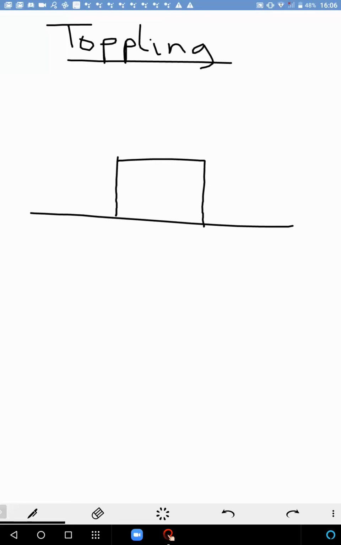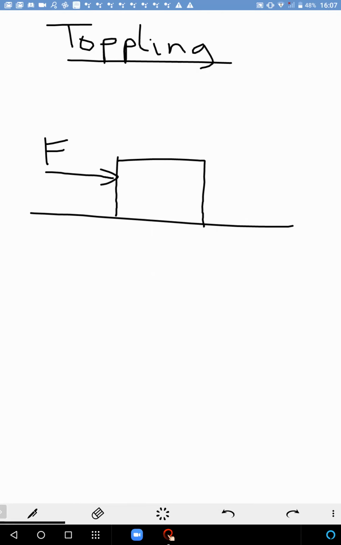If a particular force is applied at a specific height, then they can ask you ki at what value of the force will that block topple? And sometimes they can ask ki, will this particular block topple before it slips? Topple matlab rotate above this point. Will it topple before it slips or will it slip before it topples? So that's kind of the idea.